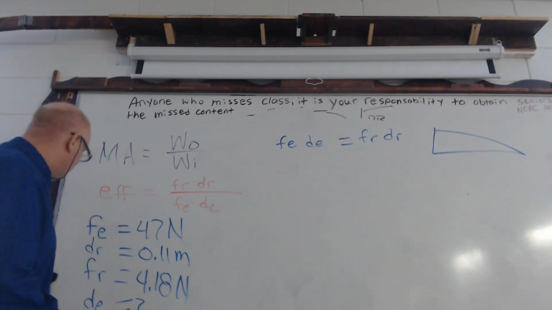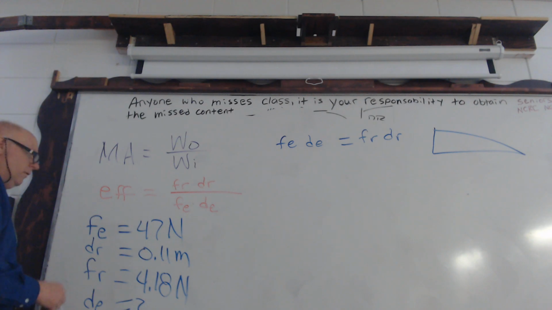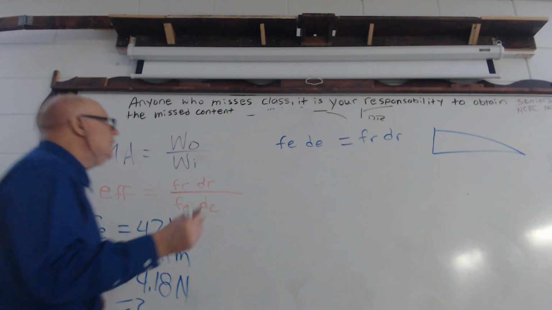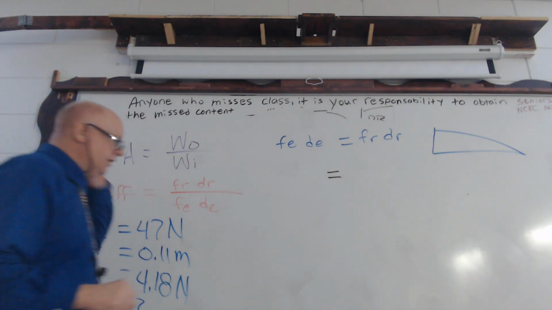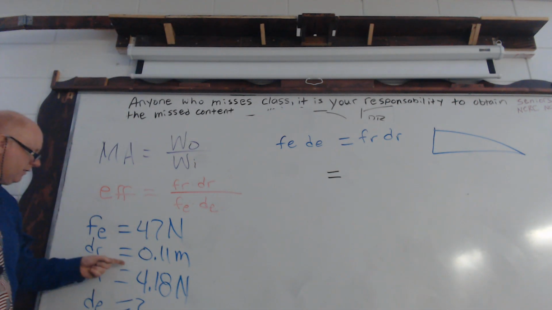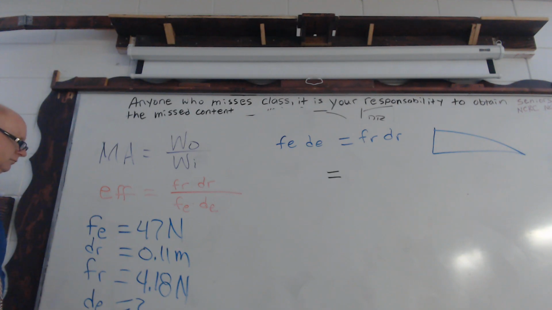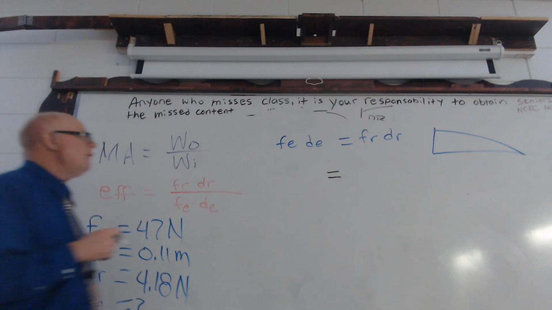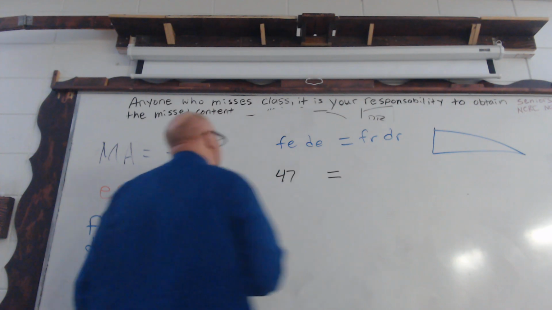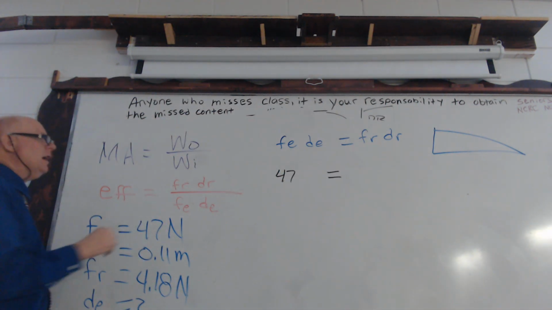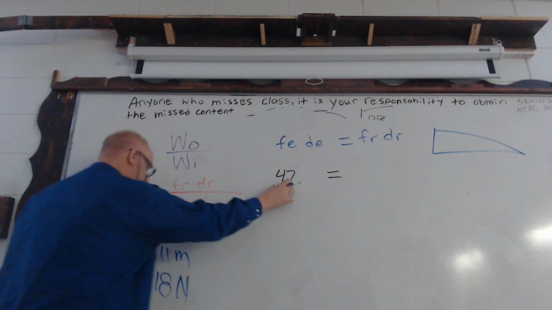So we have our equation, we have our setup. Now we just do what the formula tells us to do. On the right-hand side of this equation, what is on the right-hand side according to this information? Be a little more specific. 47, so we have 47 over here, times DE, which we don't know.